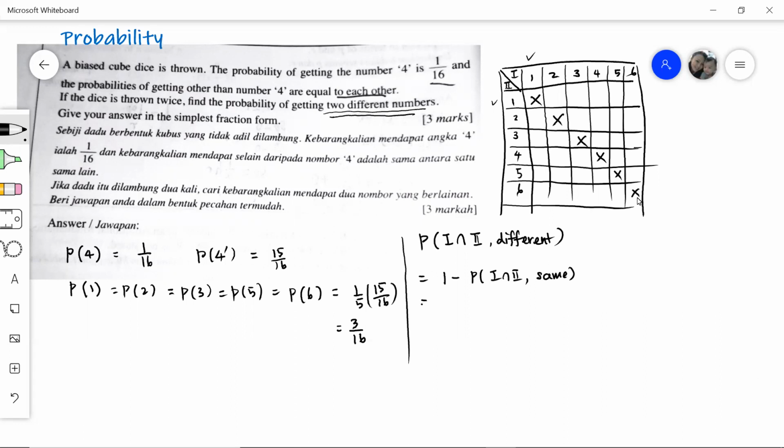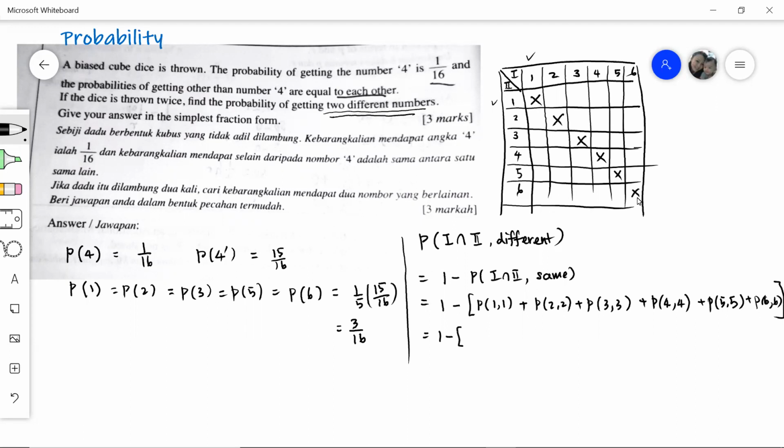Which means we take 1 minus the probability of both 1, the probability of both 2, the probability of both 3, the probability of both 4, 5, and 6. And therefore, let's solve inside the bracket first.